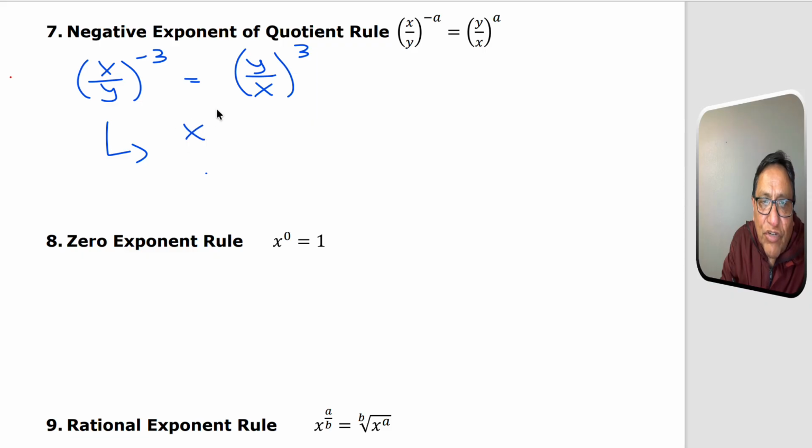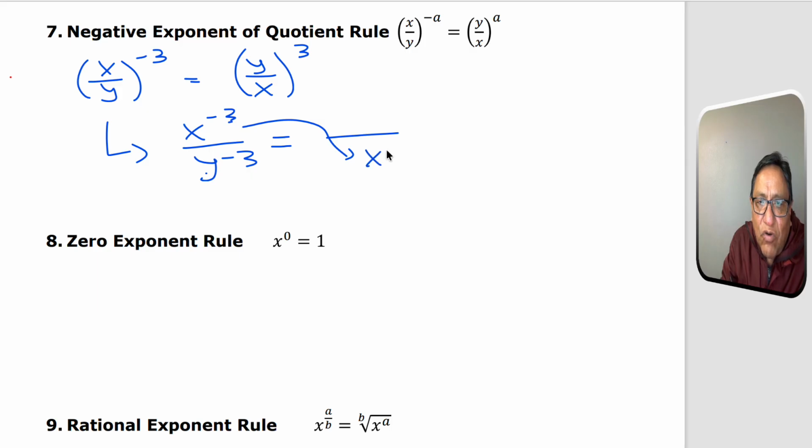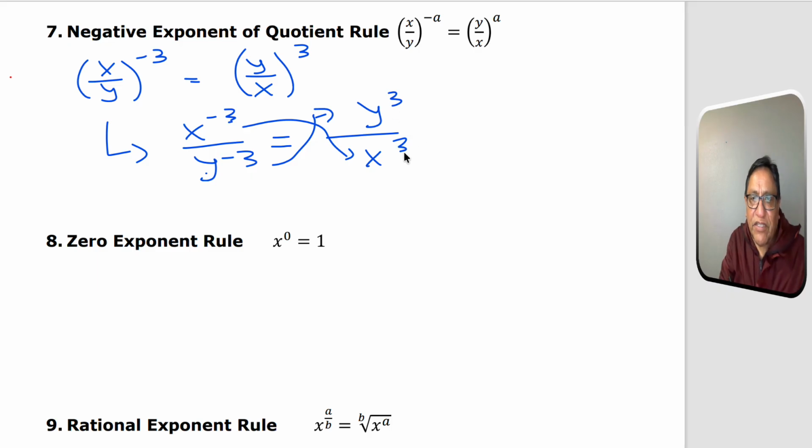You can separate the numerator from the denominator. So it will be x to the power negative 3 divided by y to the power negative 3. So in other words, what we're doing is sending this to the denominator, and the exponent becomes positive, and this we're sending to the numerator, and the exponent 3 becomes positive.